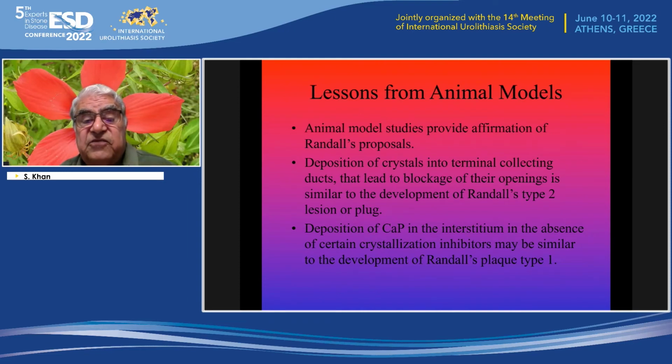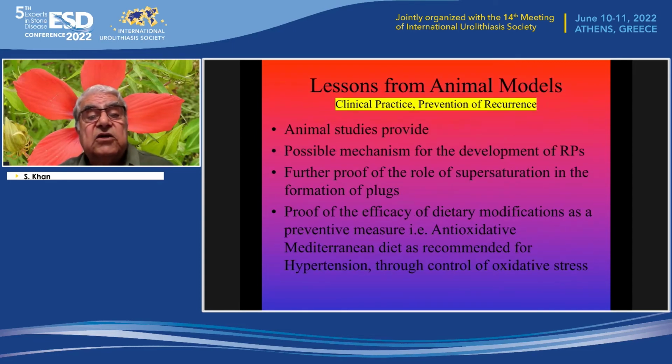Deposition of calcium phosphate in the interstitium in the absence of certain crystallization inhibitors may be similar to the development of Randall's type 1, or Randall's plaque as they are currently known. So animal studies provide a possible mechanism for the development of Randall's plaque, further proof of the role of supersaturation in the formation of plugs, and proof of the efficacy of dietary modifications.